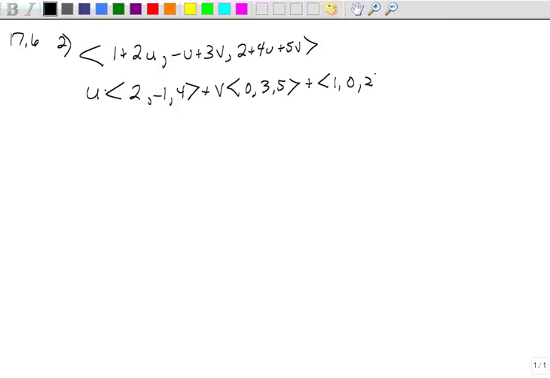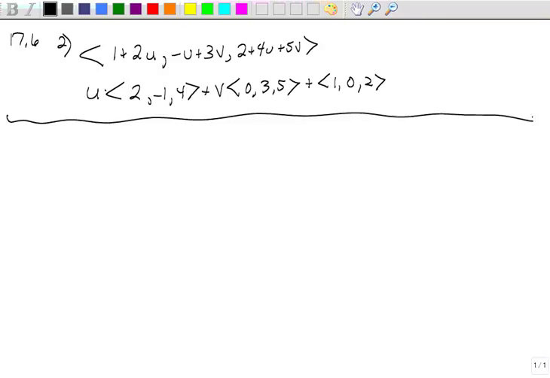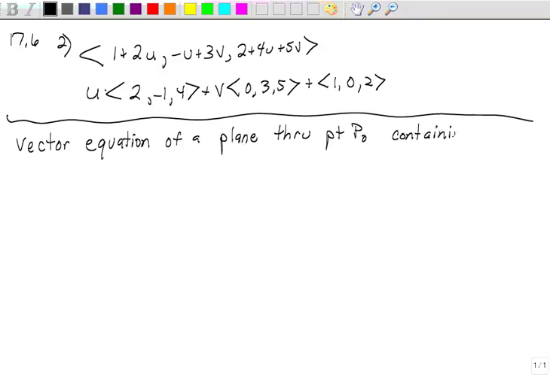like this. And let me talk about, before I go on, the vector equation of a plane. Through a point P0 containing two vectors A and B that are not parallel.